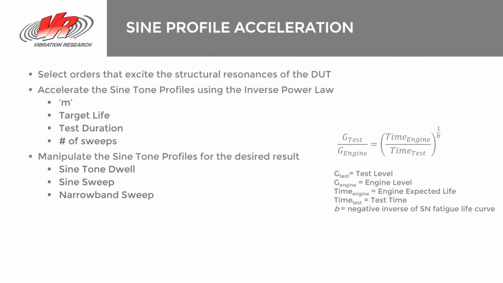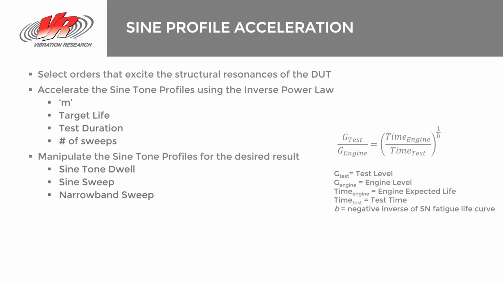So once we get these orders analyzed and we've understood what orders we want to extract from that real world data, we can use the STAG tool to actually accomplish that and accelerate the sine tone profiles that are generated. We use the inverse power law to accelerate our tests.